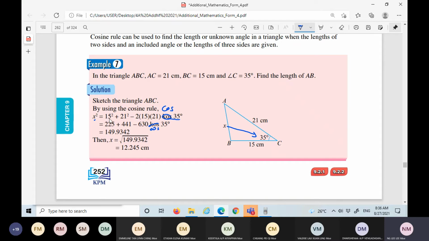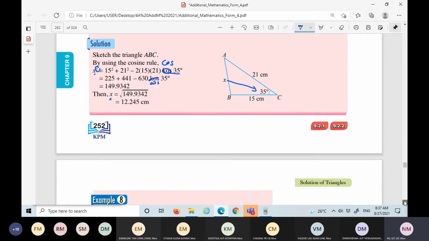So here is 15 squared plus 21 squared minus 2 times 15 times 21 times cos 35. This is the cosine rule. You just use a calculator to press this, and after that remember to square root it, because this is squared. So to find the final answer, x is the square root. So x is 12 point something. This is how you use your cosine rule.